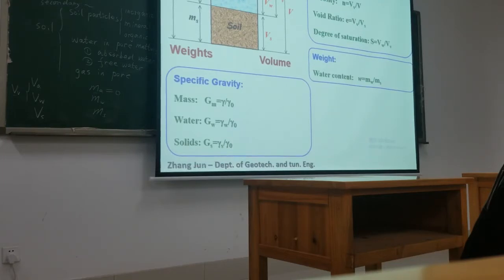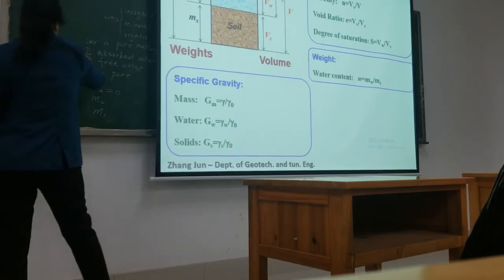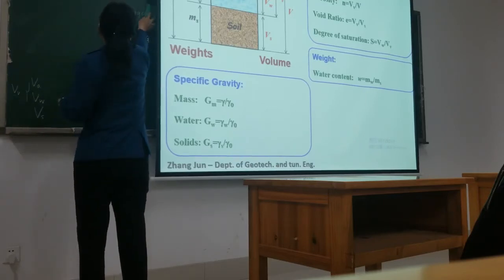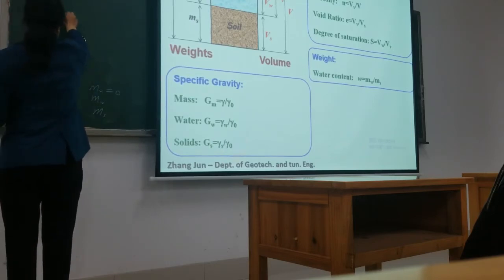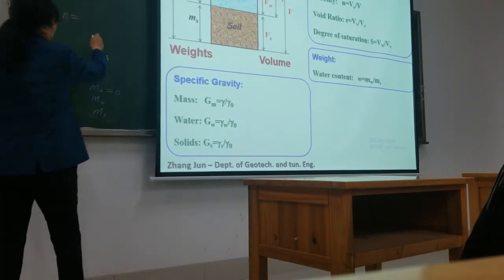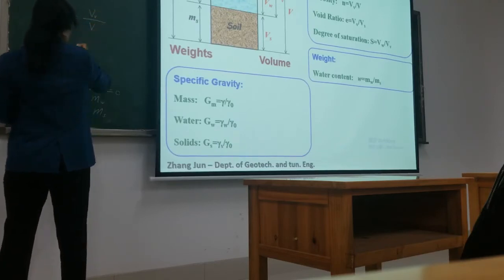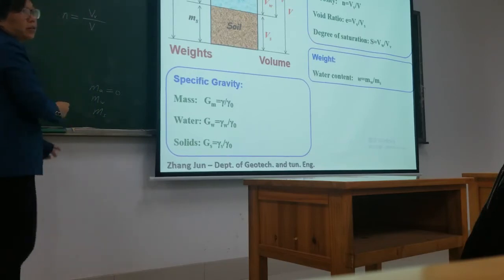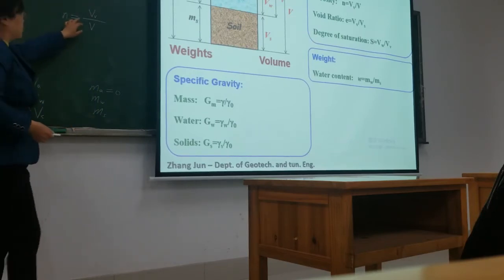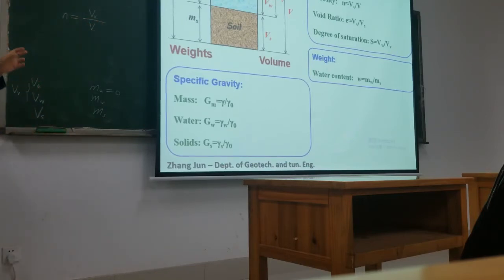So we can know some parameters about volume. Porosity n means VV divided by V, the volume of void divided by the volume of the soil.